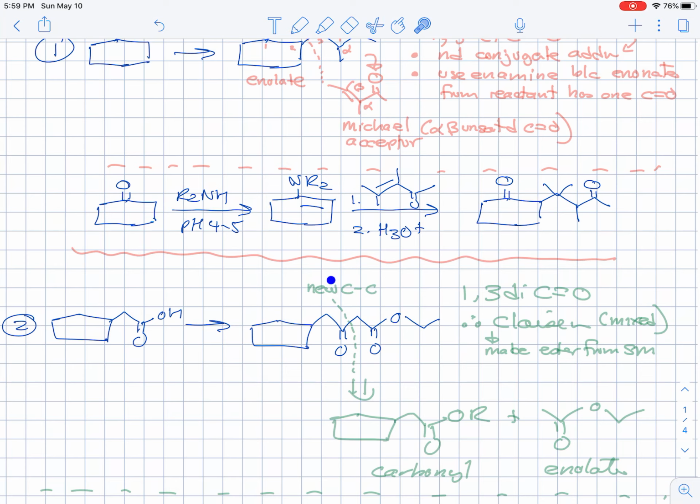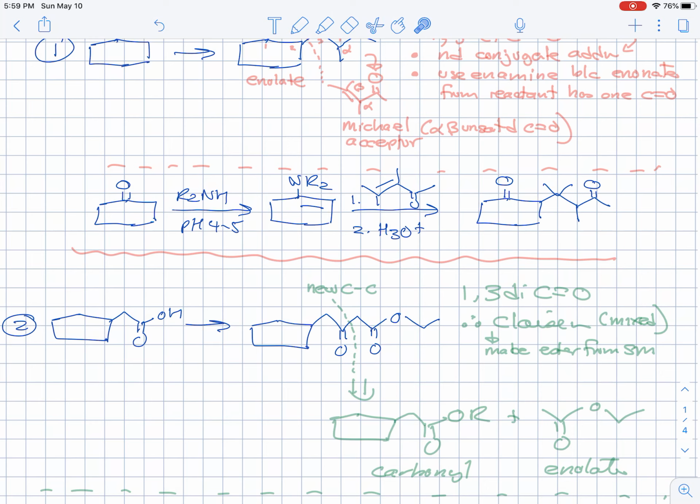And again, our new carbon-carbon bond from our Claisen is going to be between the carbon that got attacked in the nucleophilic acyl substitution and is therefore still a carbonyl, not an ester, and then this other piece.